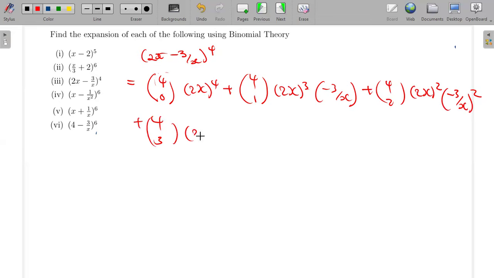That is going to be 2x to the power of, that reduces to 1. And then you have negative 3 over x to the power of 3. Then plus, that is 4 choose 4. And then you have 2x to the power of 0, which is just going to give us 1. So I better not write it anyway. And then I have negative 3 over x to the power of 4.